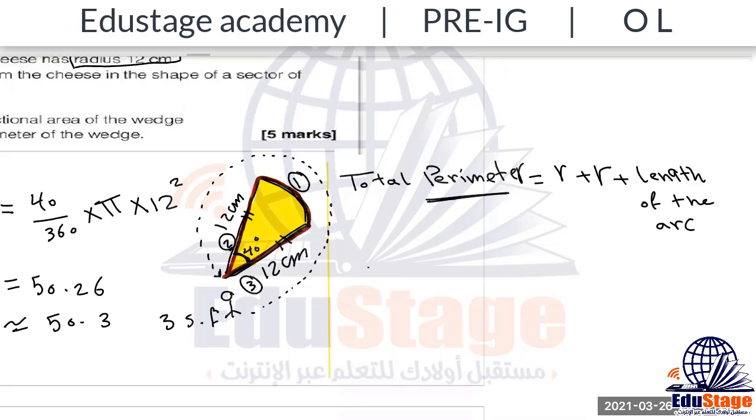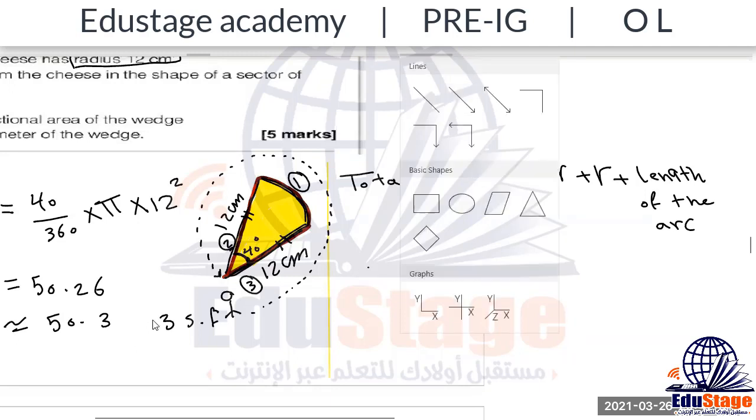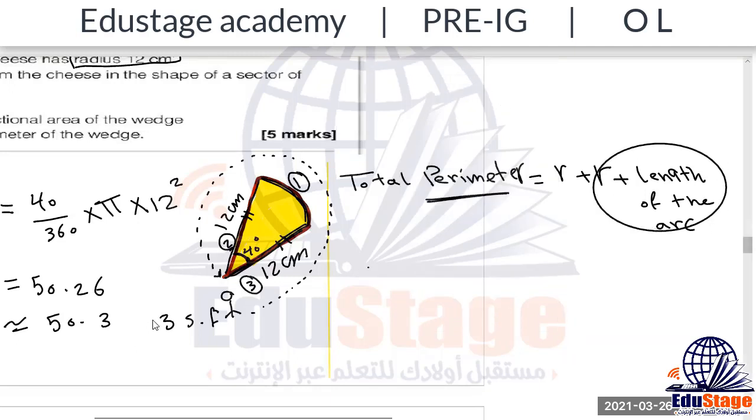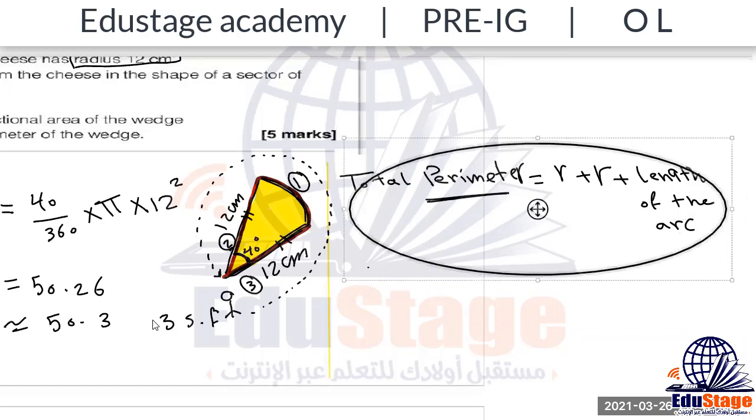Mahmoud said 99.4. We're going to see now. Guys, you understand what I wrote here? If you understand, press 1. Okay, let's complete.